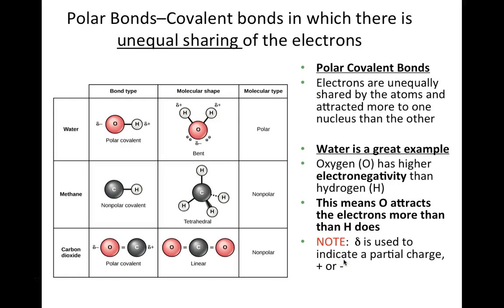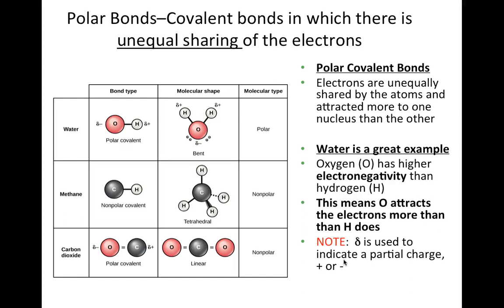Covalent bonds might find that the electrons are unequally shared based on essentially the electronegativity of a particular atom. Electronegativity means how many protons are in the nucleus of that atom, how many electrons are surrounding that atom.